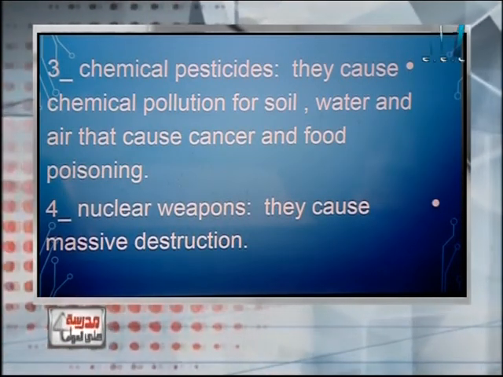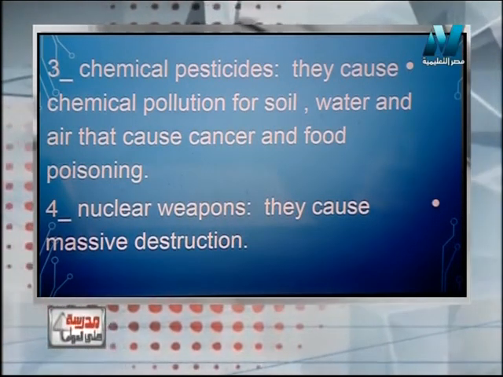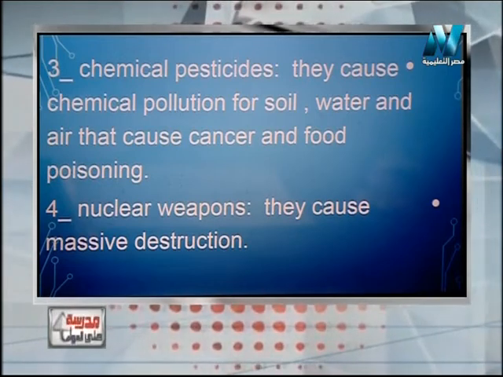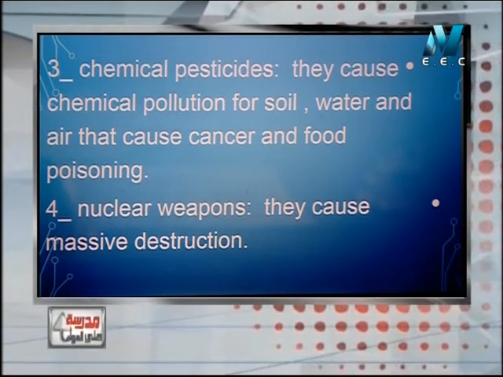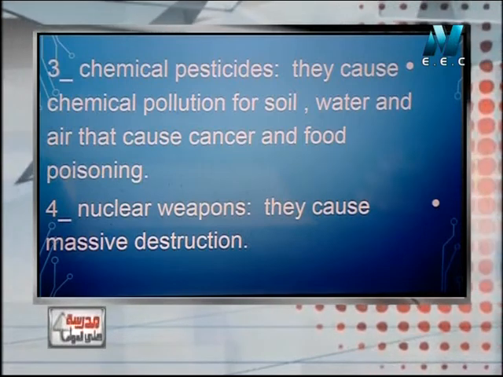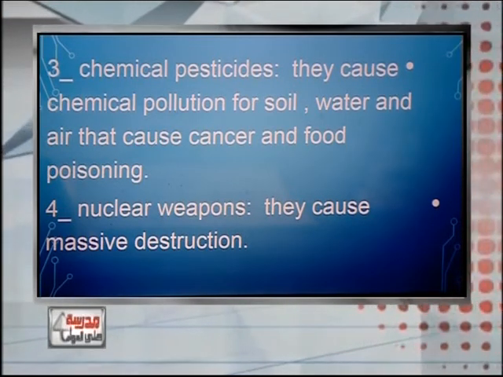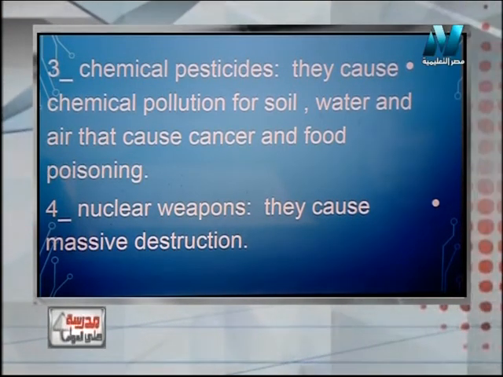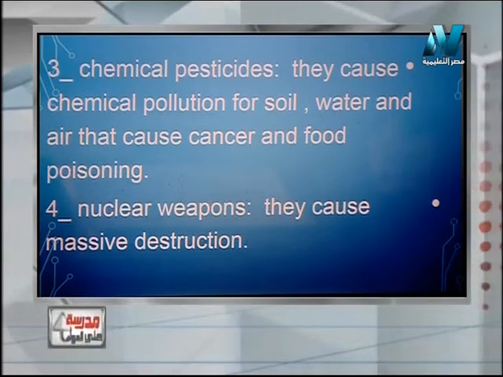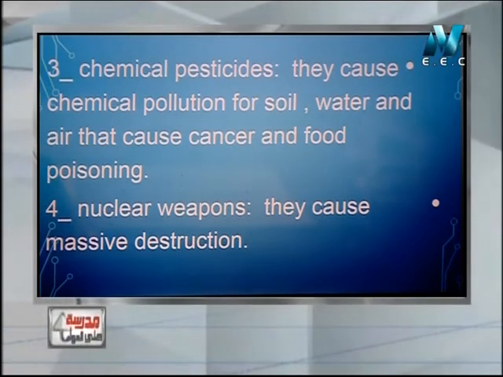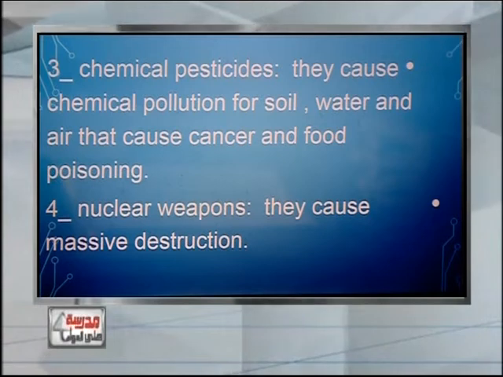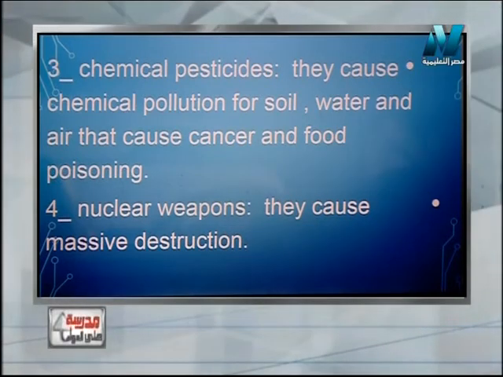Number 4, nuclear weapons. They cause massive destruction. As we said, just one nuclear bomb that the United States of America used in the war with Japan, in Hiroshima, thousands of people were killed.